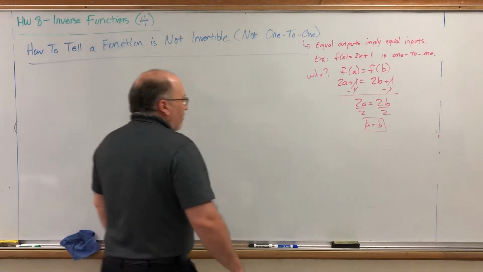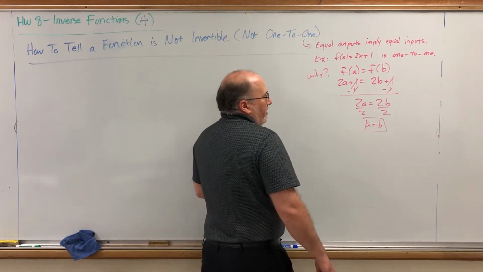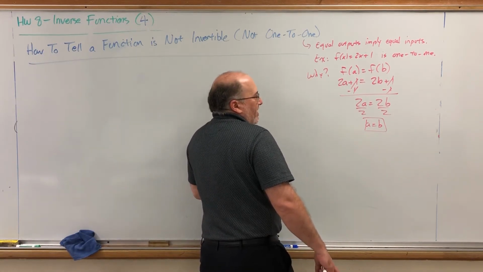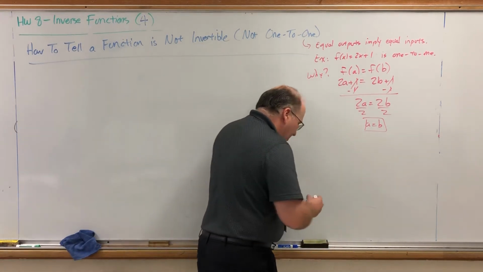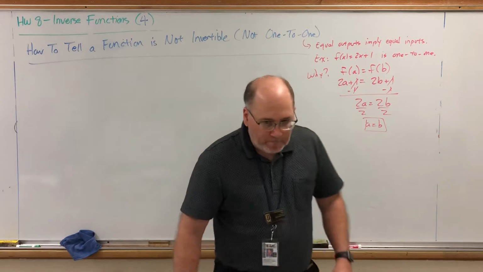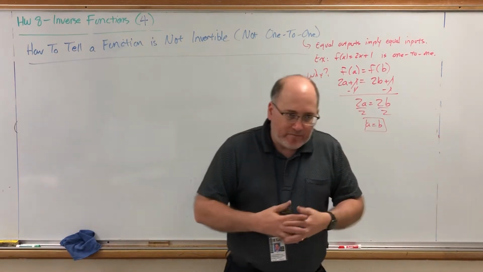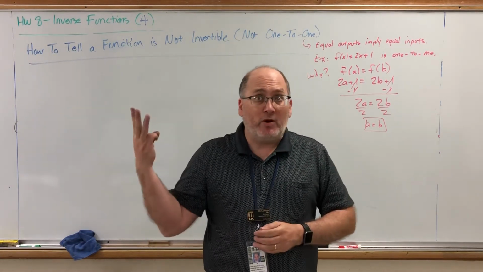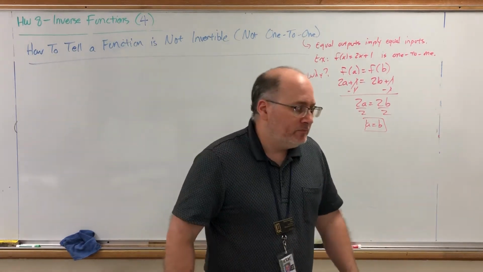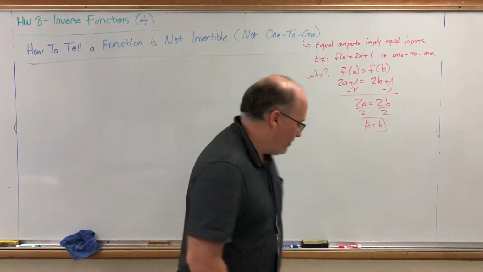Now, what about f of x equals x squared? Does equal outputs force equal inputs? Well, no, and I don't need to write it and I'll explain it. Can you think of two different numbers that when you square them come out the same? For example, when we square 3, we get 9. What else could we square and get 9? Negative 3.